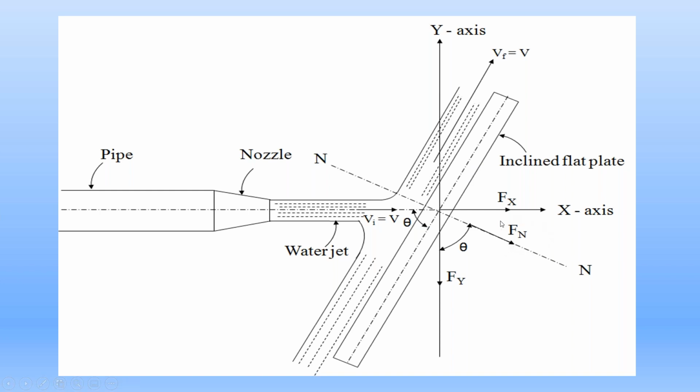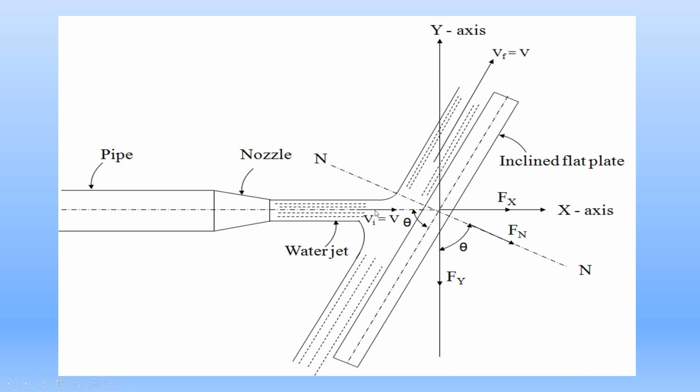First prepare the equation of this force Fn. When we are preparing the equation, first find out the initial velocity V in the direction of force Fn. Find out the final velocity in the direction of force Fn.